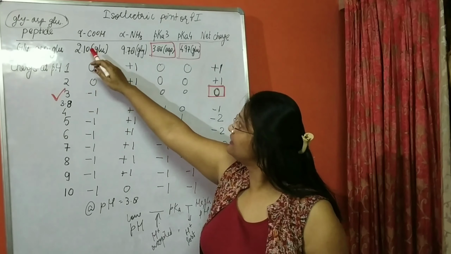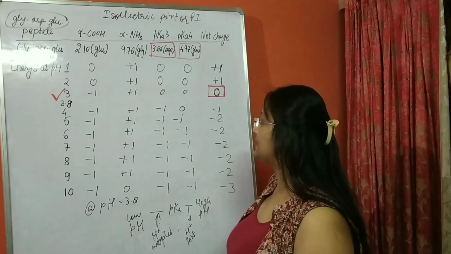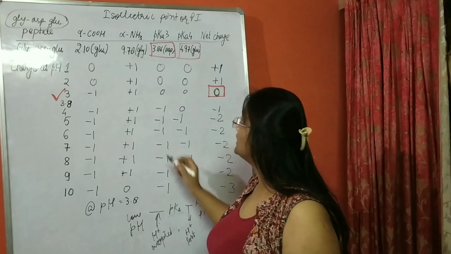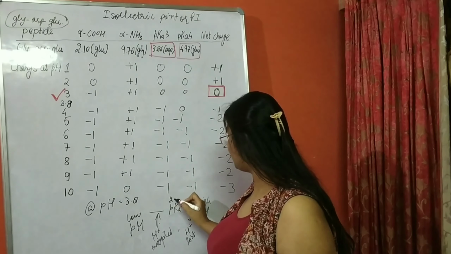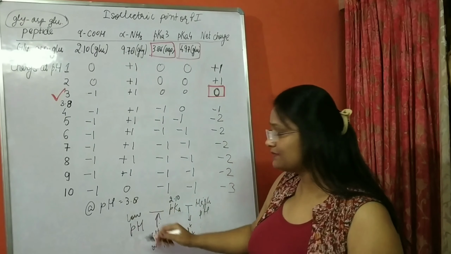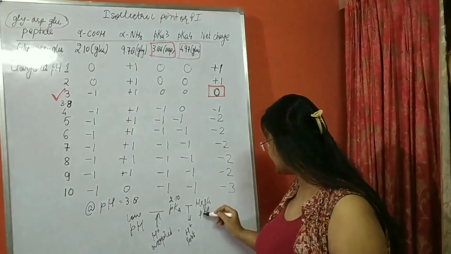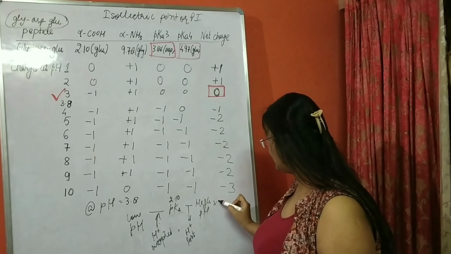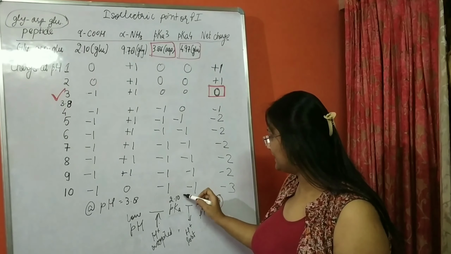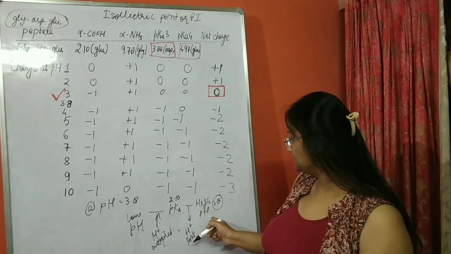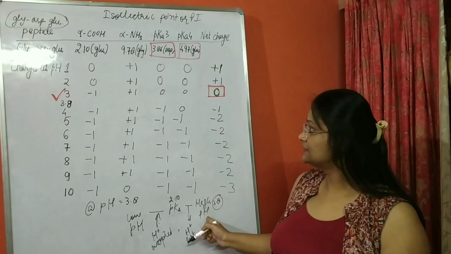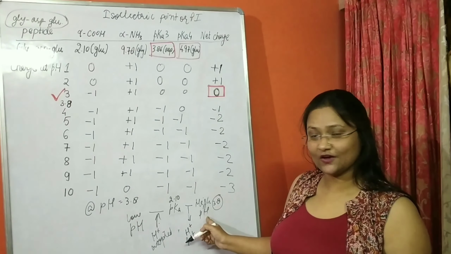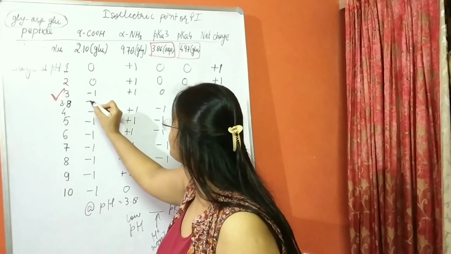First of all, we will consider alpha COOH. The pKa is 2.10, however we have kept the peptide at pH 3.8, so the pH is higher. So H plus is lost, and it will be -1.